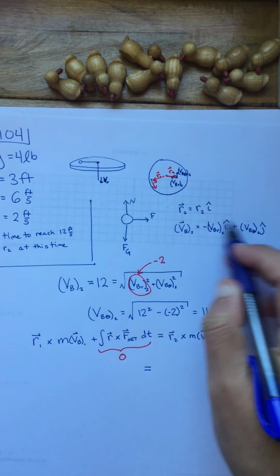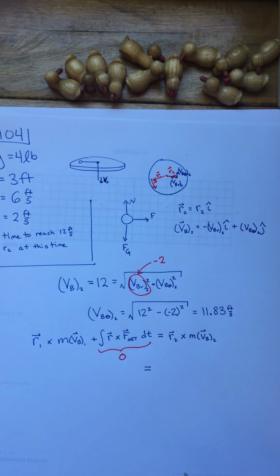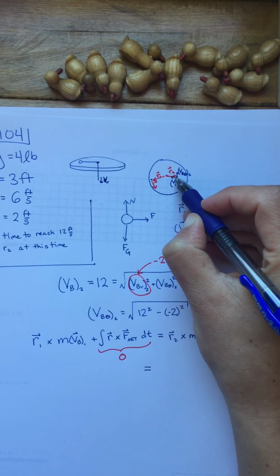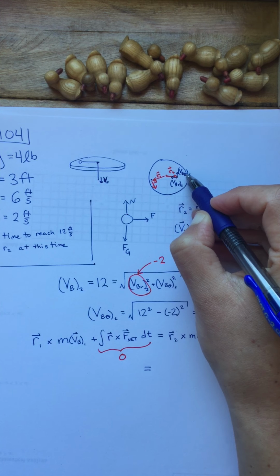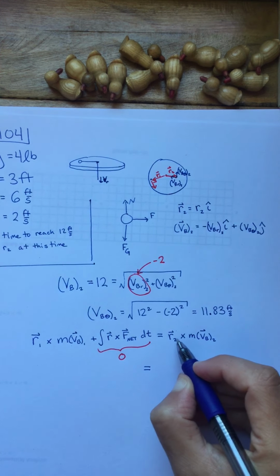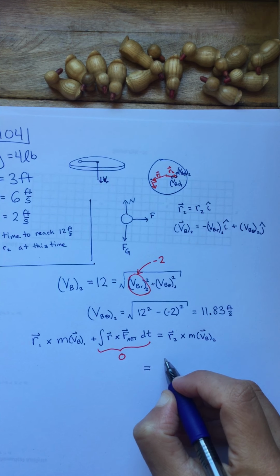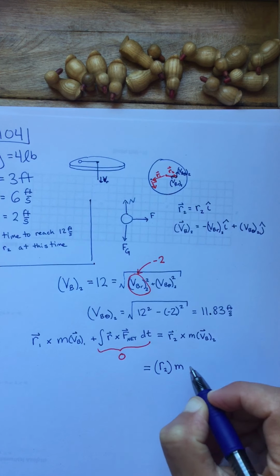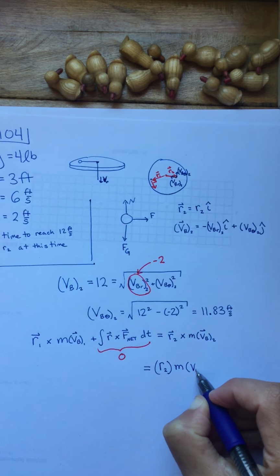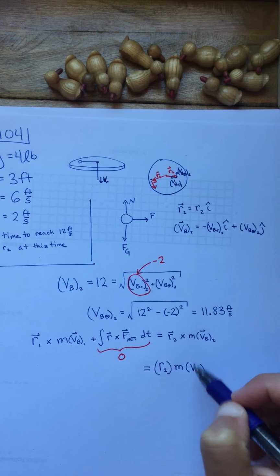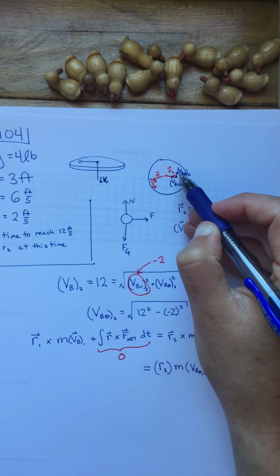If we didn't write it out with the unit vectors here, we would say, because the angle between my position vector and the transverse component of the velocity is a right angle, then it would be the magnitude of r2, which is what I'm looking for, so let's just call it r2, times the mass, times the transverse component, times sine of the angle between them, which is 90 degrees, so that would give you 1.